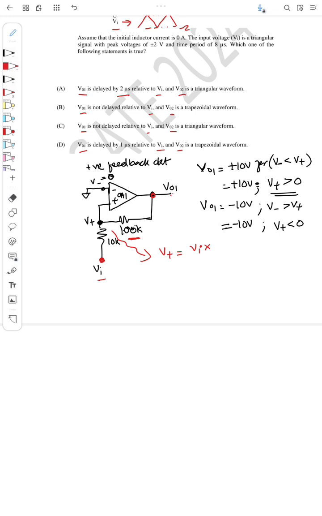So Vi into this 100k by the net resistance 10 plus 100k. So that is the voltage due to Vi plus the voltage due to V01. So we will assume Vi is grounded. So near to 10k it is grounded, right? So V01 into 10k by 10 plus 100k.